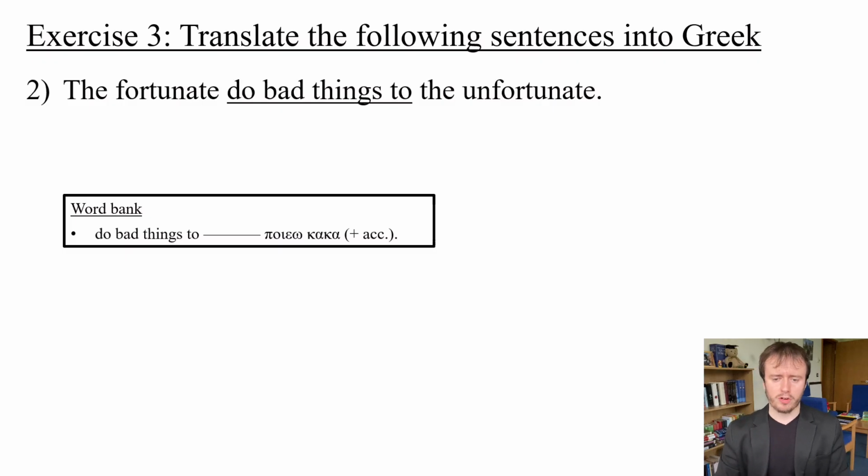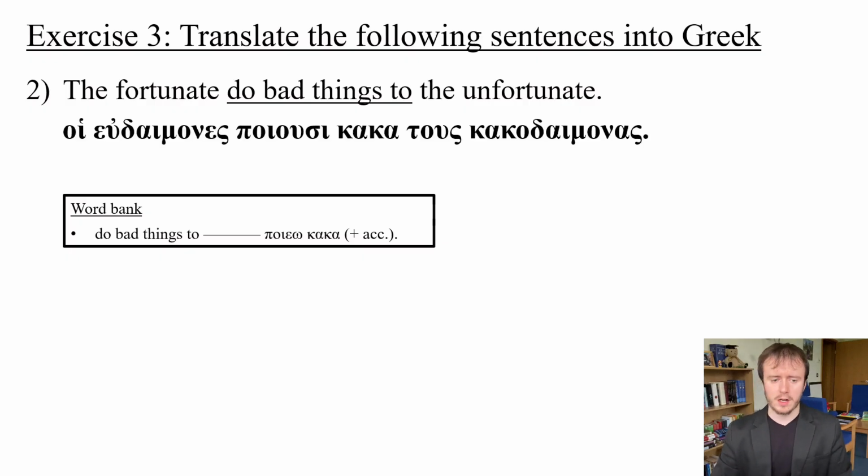2 is the fortunate do bad things to the unfortunate. Here you should have said, hoi eudaimones poiousi kaka tous kakodaimonas. We know to translate it in this way because the fortunate is what we call a substantive adjective. It's an adjective that's being used as a noun.